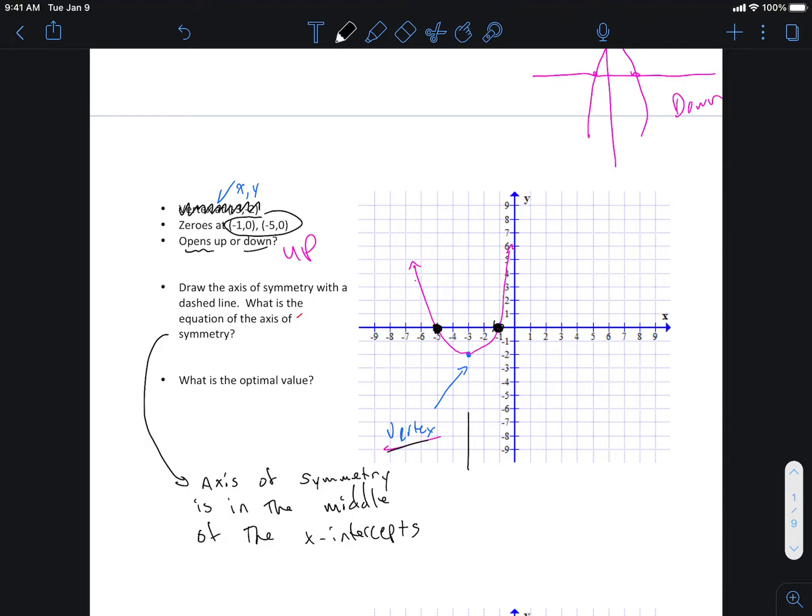Right here. That is also conveniently the x value of the vertex. x equals -3. There's your equation.